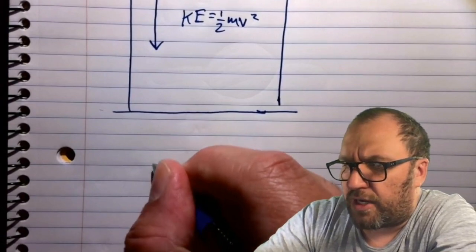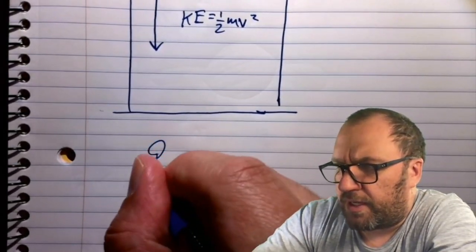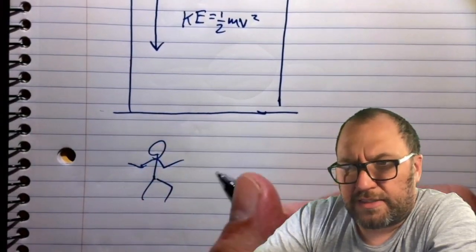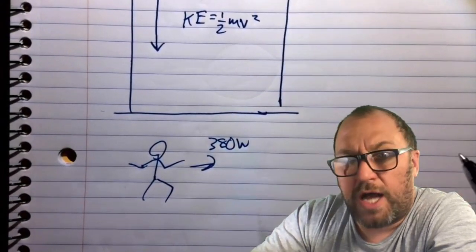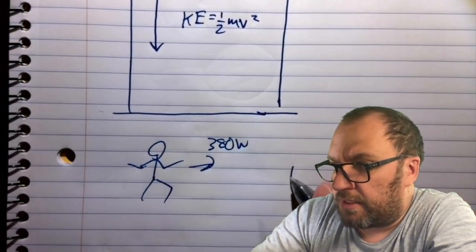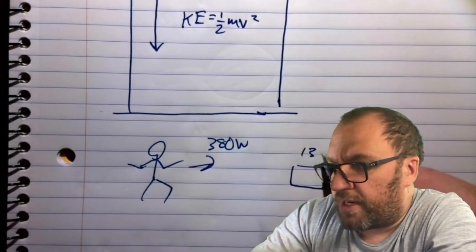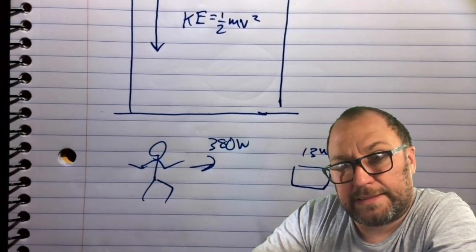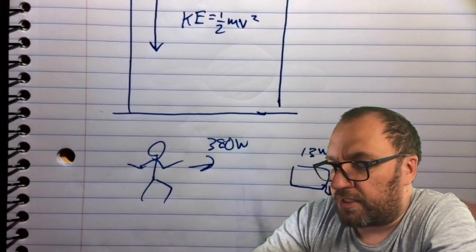So let's say when I'm walking, or running, okay, so here's me running, and I guess I have my hands up here. It takes me 380 watts to do that. And let's say my toaster is going to generate 130 watts. I just totally made that up. I have no idea if that's real or not.